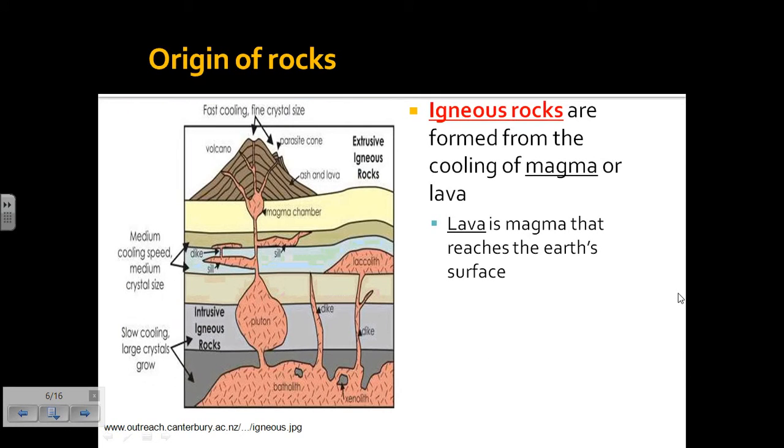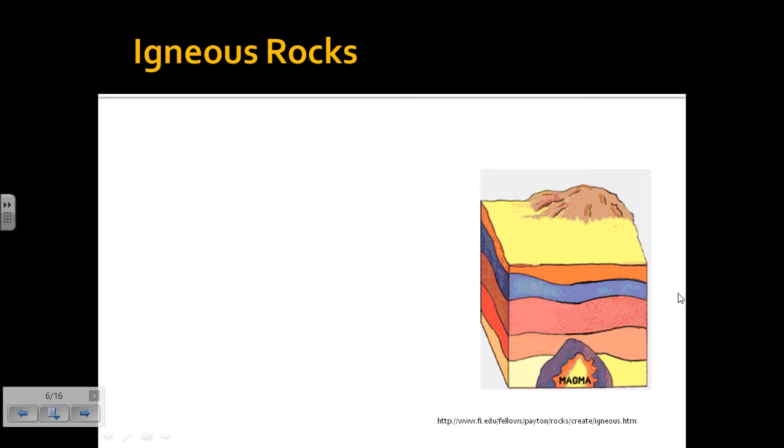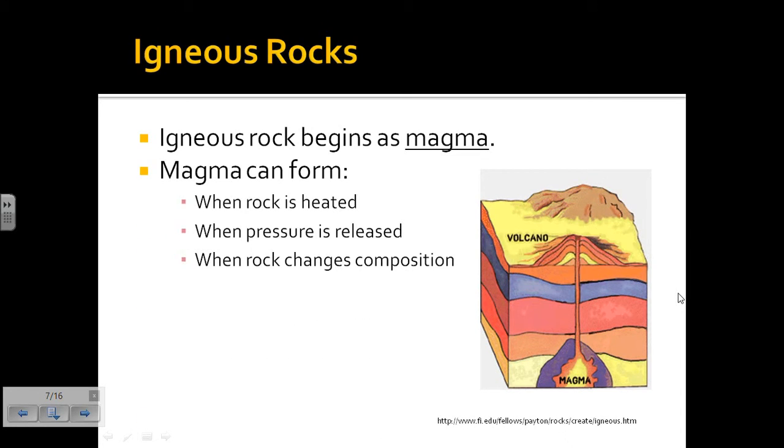Now, igneous rocks are formed from the cooling of magma or lava. Lava is magma that reaches the Earth's surface. Igneous rocks begin as magma.